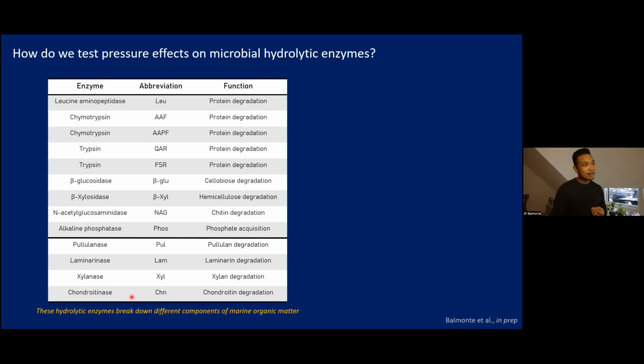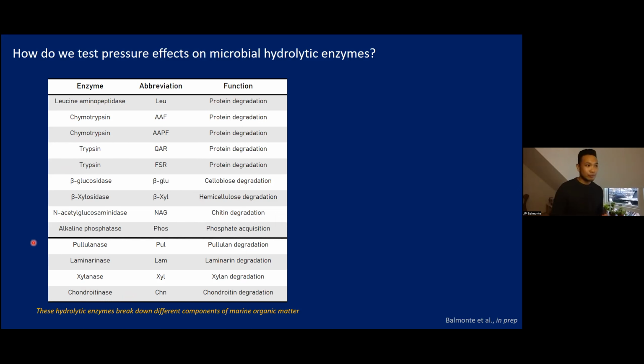We target these enzymes because we know that marine organic matter is composed of these different kinds of constituents, and therefore these enzymes are likely to be active and relevant in the marine environment.